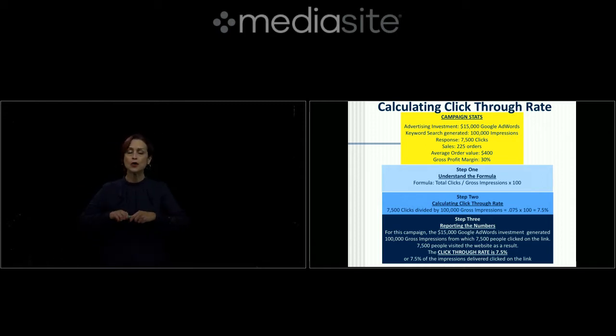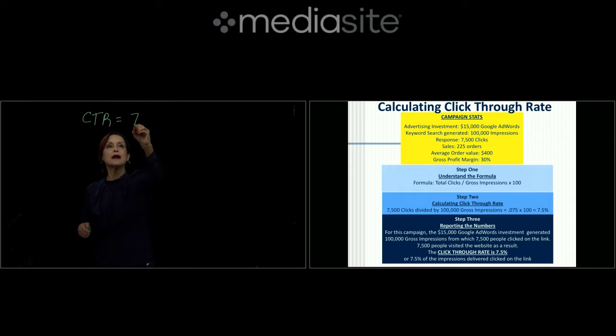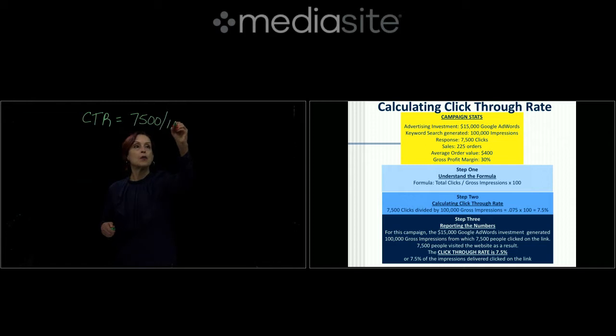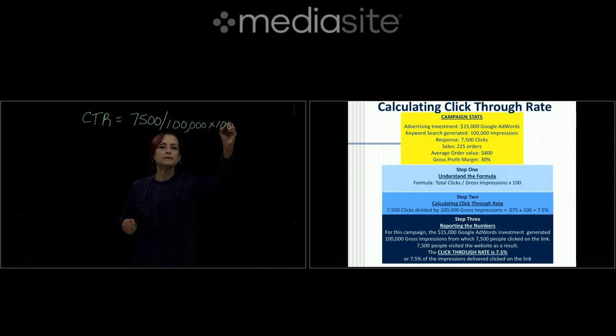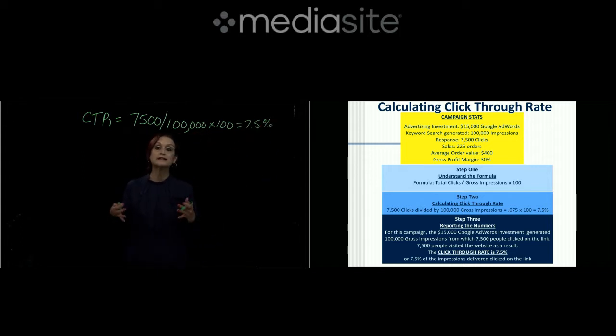So in order to calculate click-through rate, we take the 7,500 clicks divided by the 100,000 impressions times 100, and you get 7.5%. So the click-through rate is 7.5%, meaning that out of all the impressions served, 7.5% of these 100,000 impressions clicked on the advertiser's link.